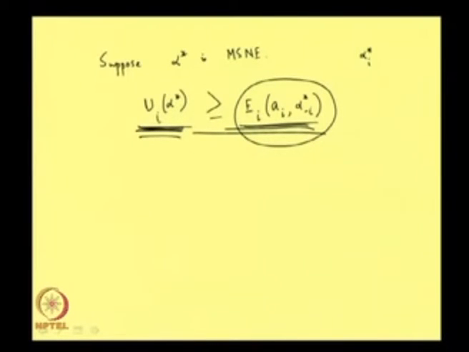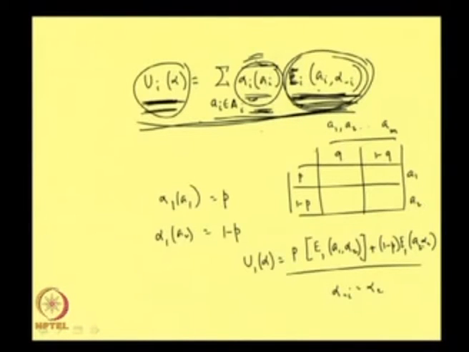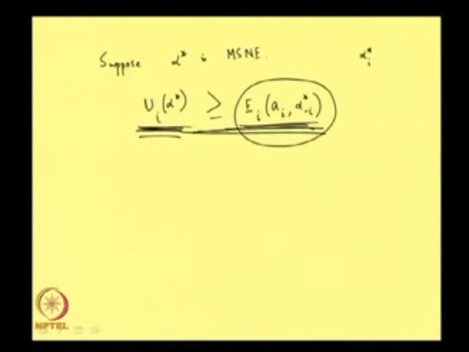So, it can never be more than alpha I ui alpha star, and this is clear from this relationship itself, that ui alpha star is greater than or equal to ei ai alpha naught I star. So, for those actions for which the corresponding probabilities are 0, obviously this is going to be satisfied.